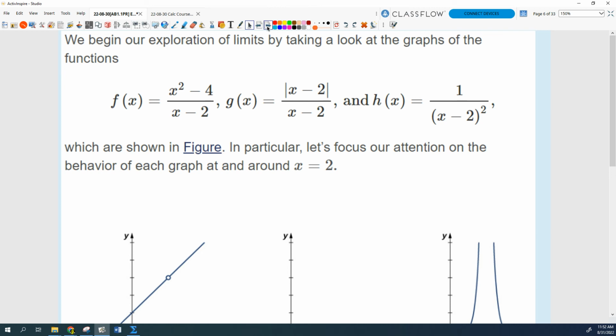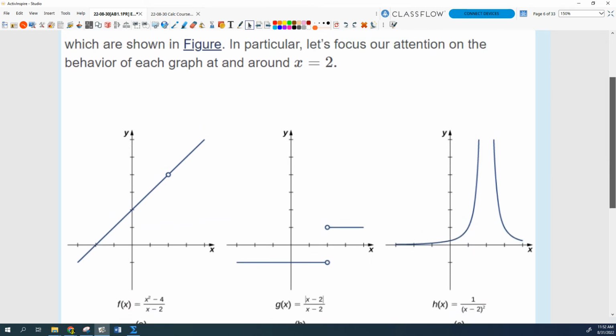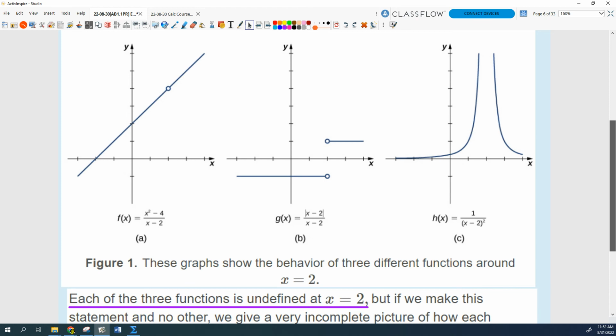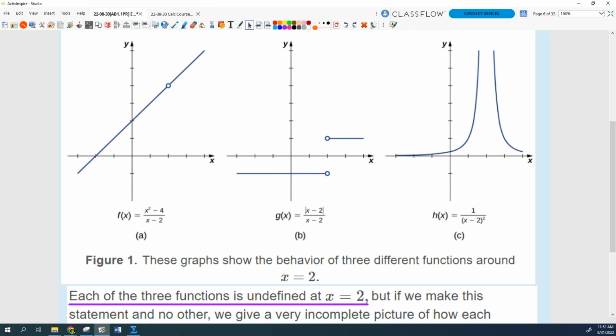We're going to look at examples at and around x equals 2. What about this first one, x squared minus 4 over x minus 2? If I graph that function, that's what it looks like. That's not surprising probably, because at x equals 2, I get 0 over 0. Is that always true?